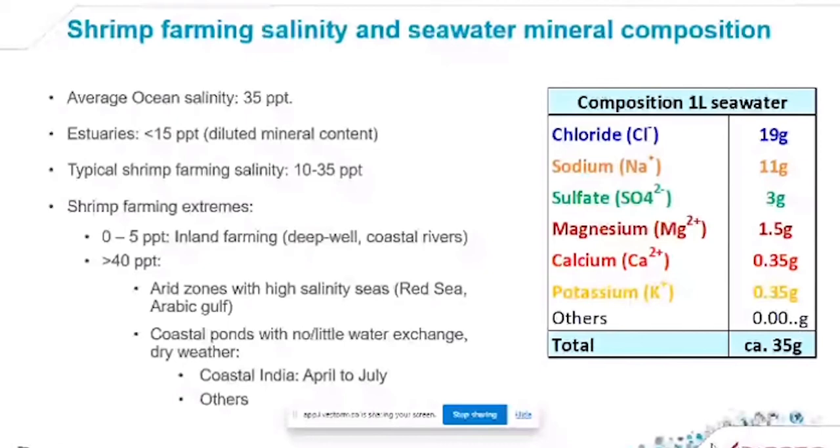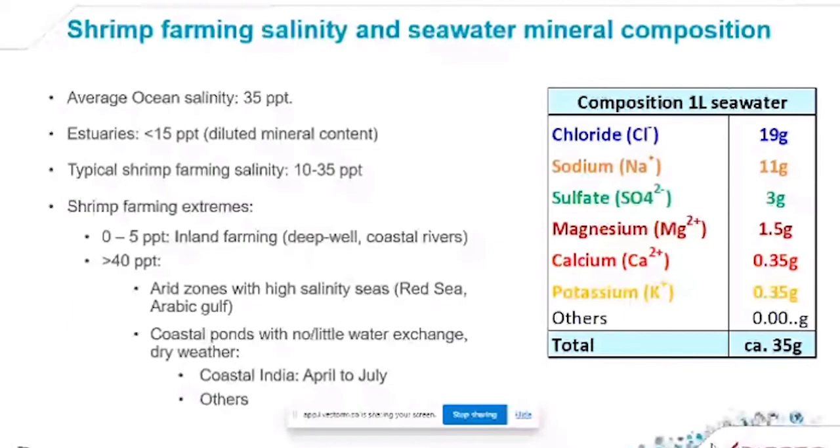This happens in India on the east coast of Andhra Pradesh from April to July, and I have also experienced this in our Lampung Research Farm, where during the dry months we would not be able to change water, and salinity would go up to 45 ppt within a few weeks.